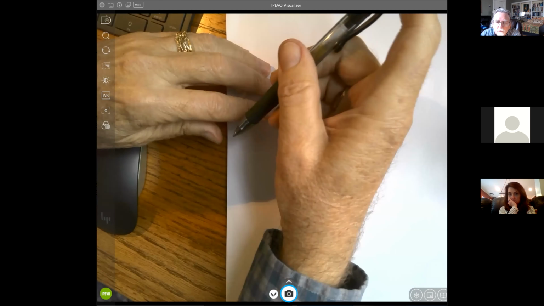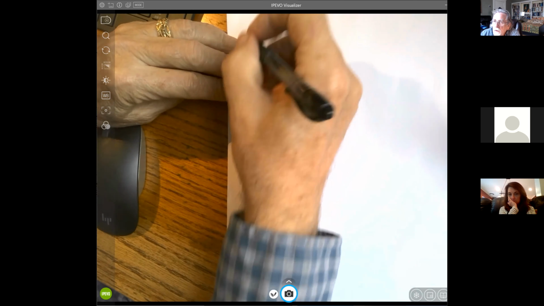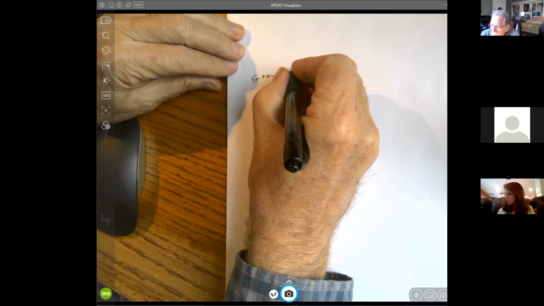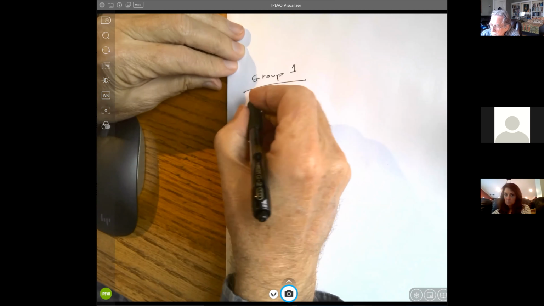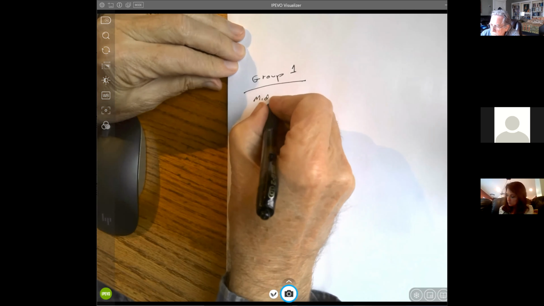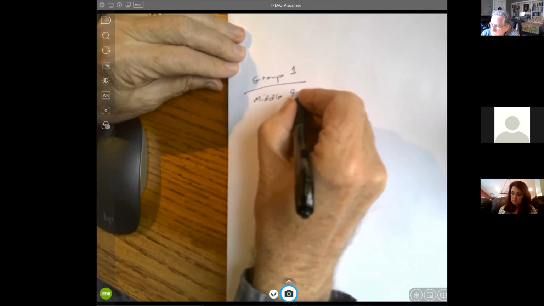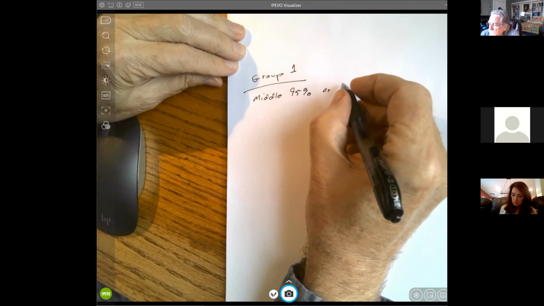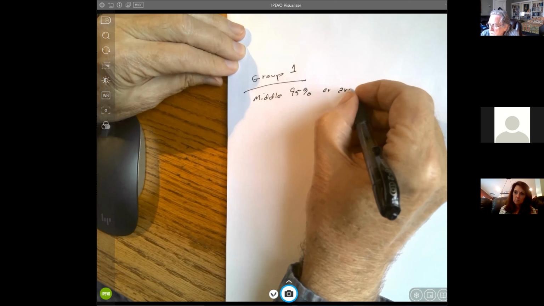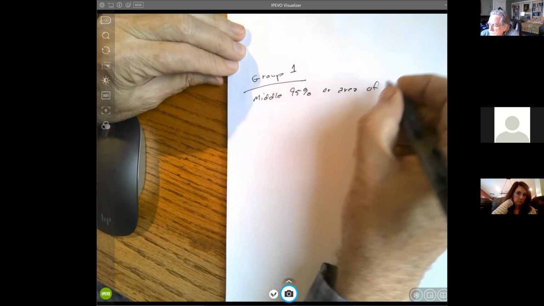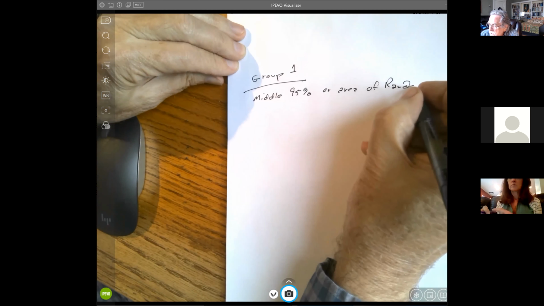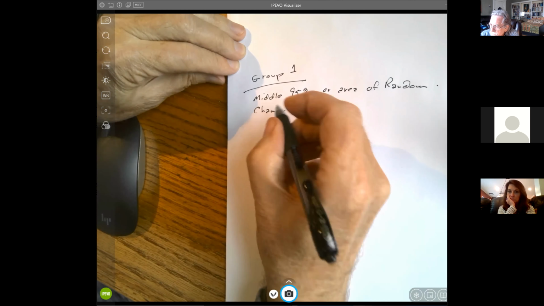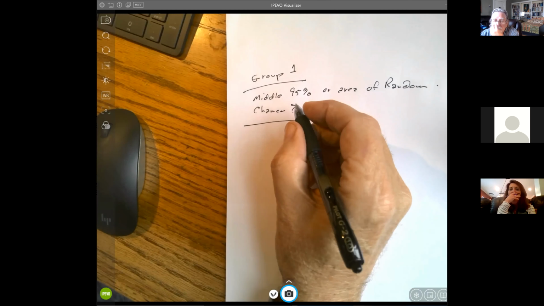So if I said for group one, what defines the middle 95%, or the area of random chance, that's what we're doing.